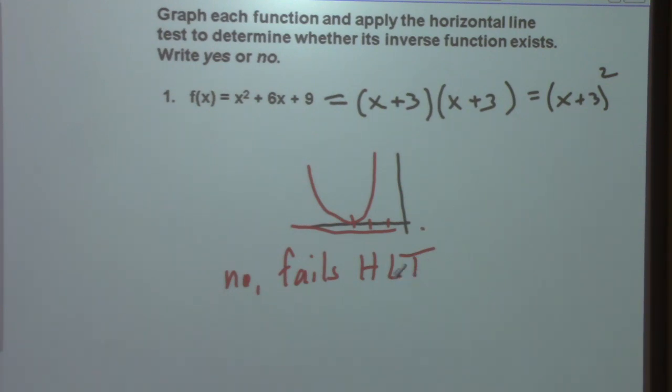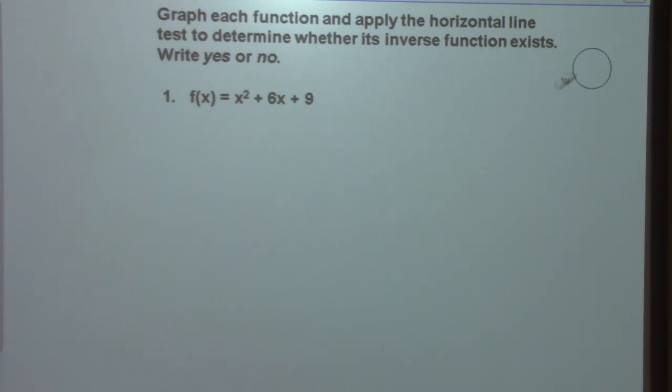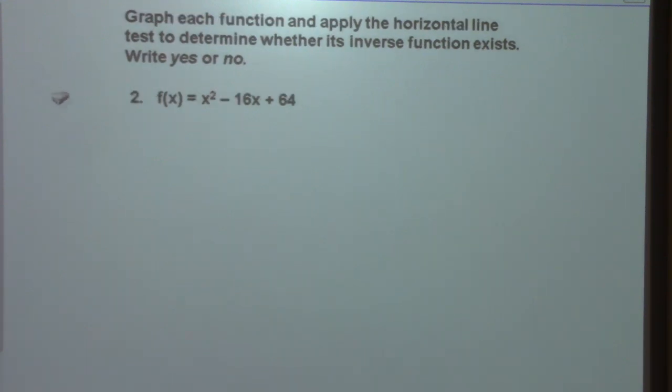What I want you to do where you can is think about sketching without a calculator first. Just test yourself. Which one are you talking about, Chloe? Number 2. They're both negative.